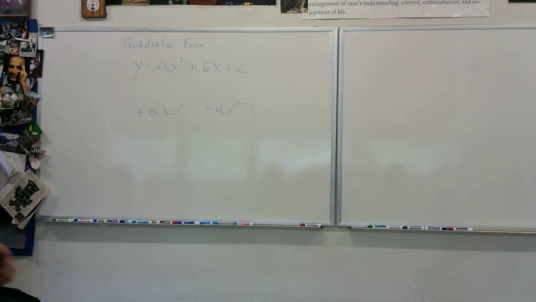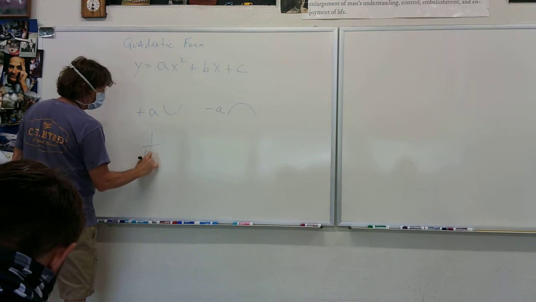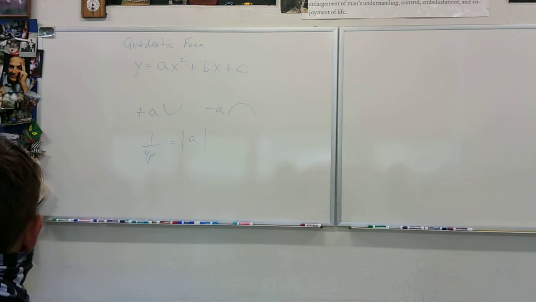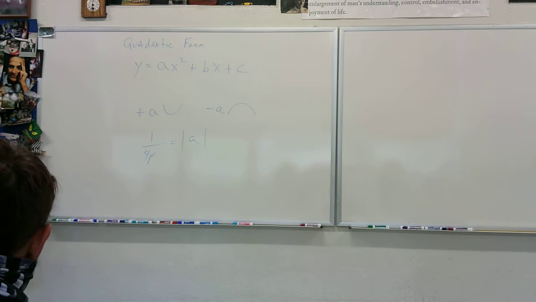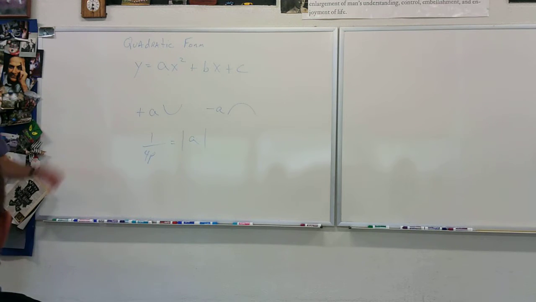Real familiar, huh? 1 over 4p still equals the absolute value of a. The drawing that you have from yesterday, I'm not putting back on the board, but guess what? That drawing still works. That's the reason I was pushing that drawing, because it works for all the forms. The drawing is good for all the forms.